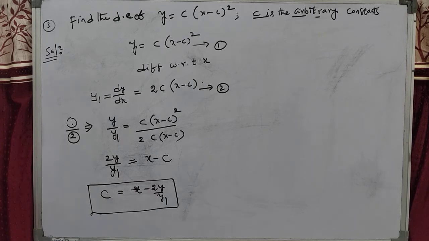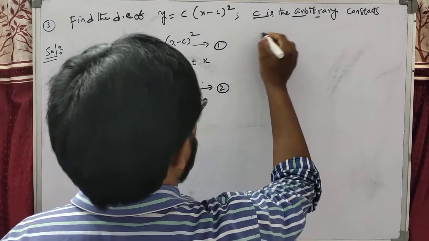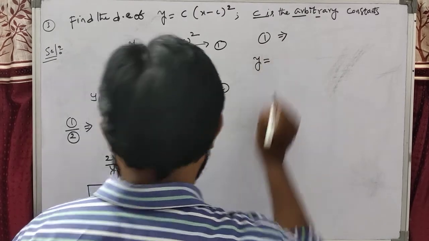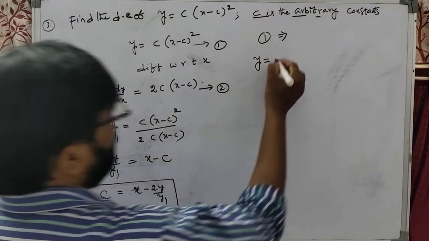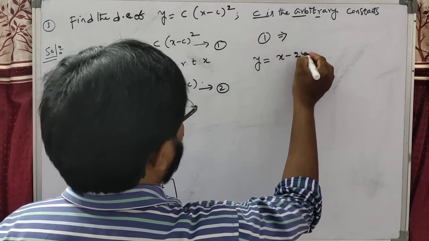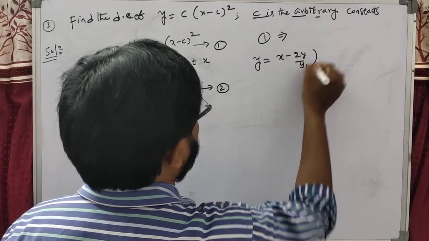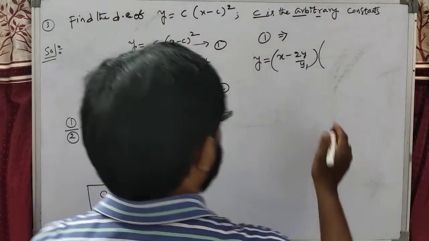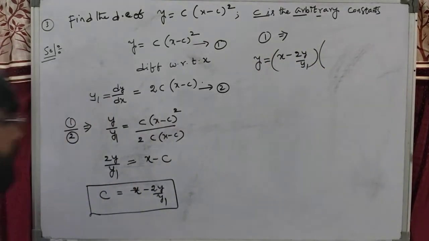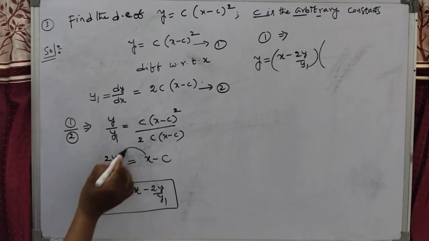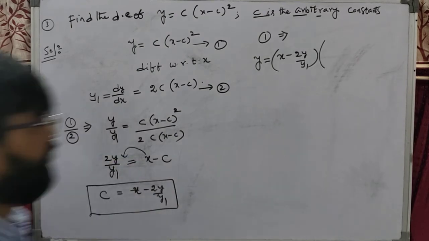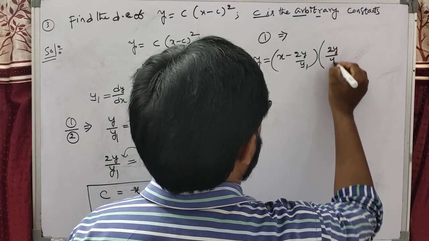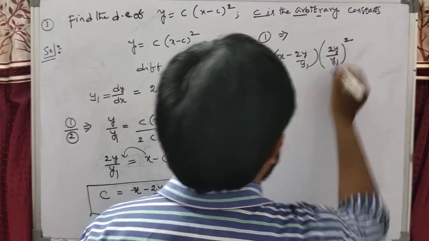So now equation 1 can be written as y equal to c, that is (x minus 2y by y1), into (x minus c). The value of x minus c is nothing but 2y by y1, that is (2y by y1) whole square.